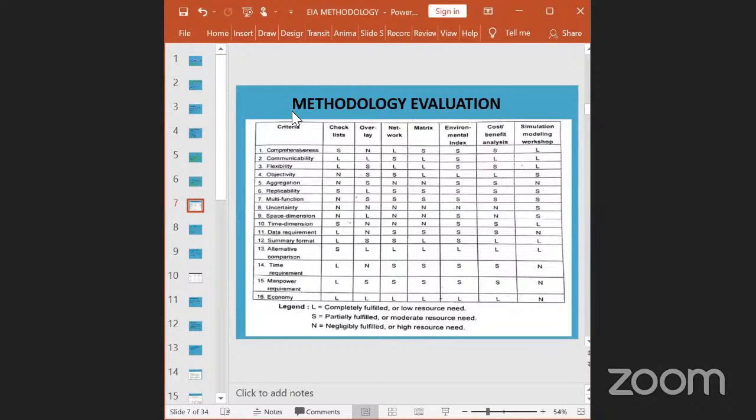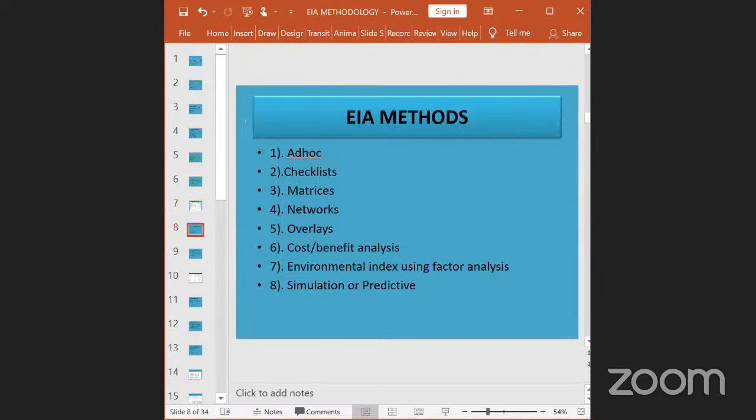So this is the methodology evaluation. You see here these are the criteria: checklist, overlay, network, matrix. I will tell these methods, right? We have certain types of methodologies.